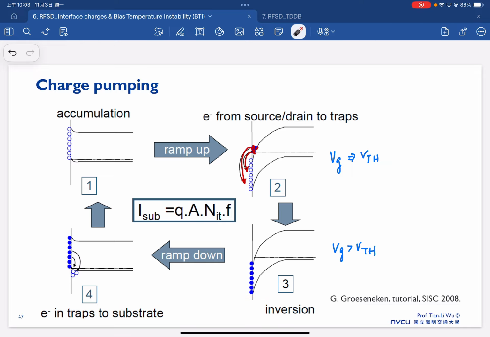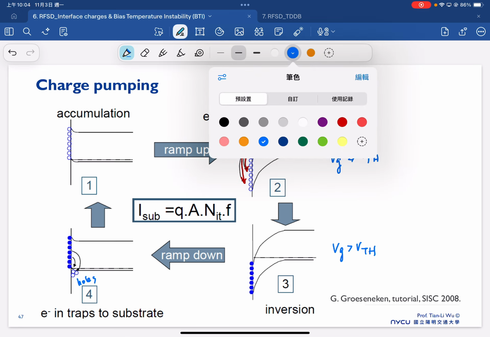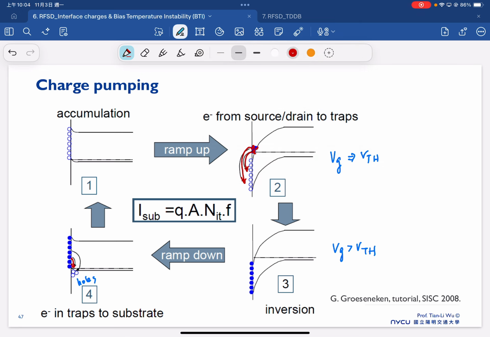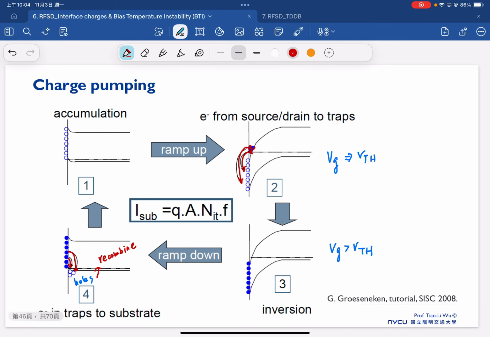But now we start to have holes created in this interface. Because we have holes, the captured electrons are able to recombine with these holes. So this hole will recombine with the trapping electron.